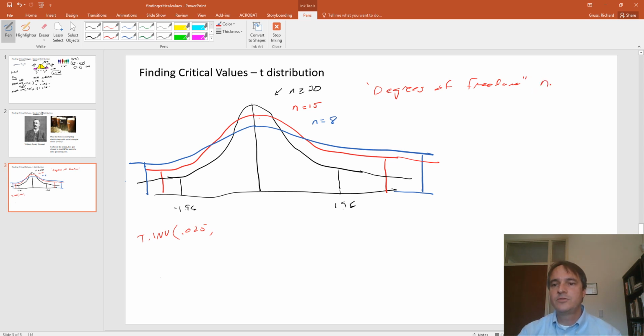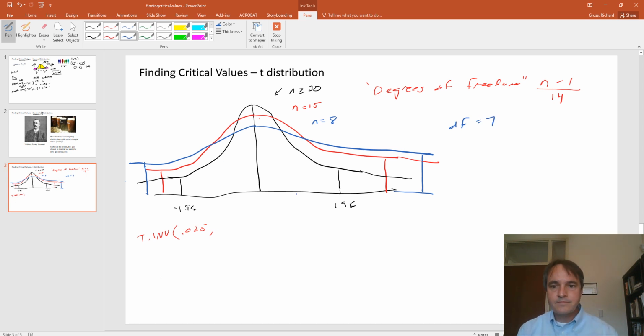And we're going to set that equal to n minus 1. Now don't worry exactly what they mean by degrees of freedom. We're not going to go too much into depth with that. But note that degrees of freedom lets us put in how many samples we have, but we're actually going to be putting in n minus 1. So over here, our degrees of freedom for this case, if we have 15 samples, will be 14. And if our degrees of freedom, abbreviated DF, is going to be equal to 7 over here.